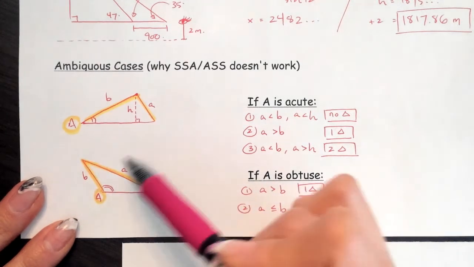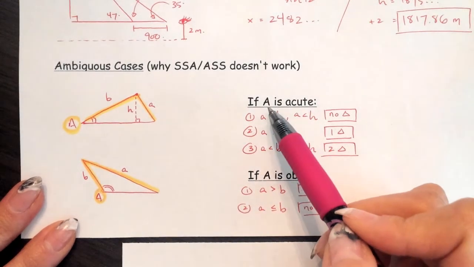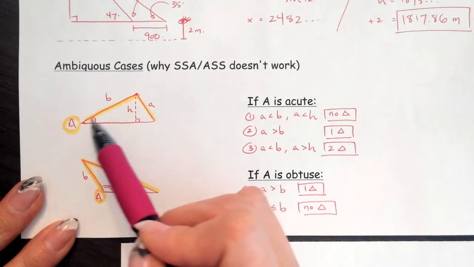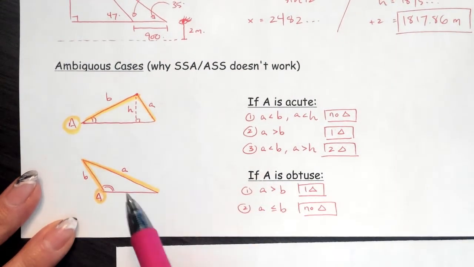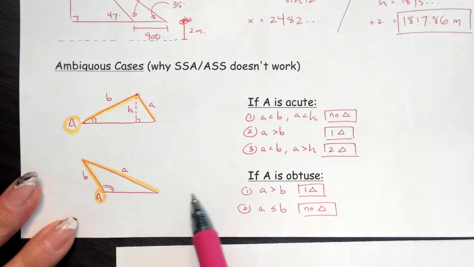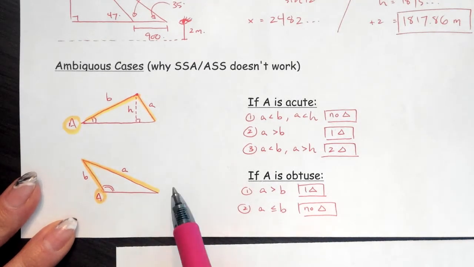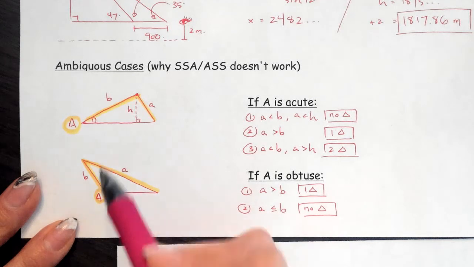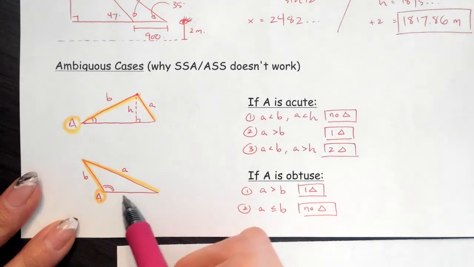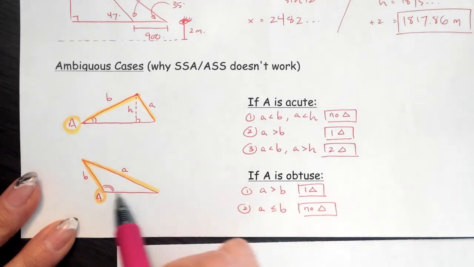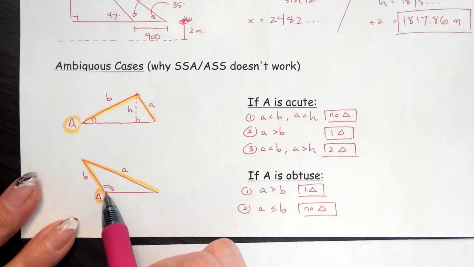How come it looks different here? If A is acute, then it's going to look something like that because A is really small. But if A is obtuse and I have my base as a horizontal, which I like to draw horizontally, otherwise all the triangles look crazy, then it would go this way, because a right angle is here, acute's over here, so obtuse would be here.